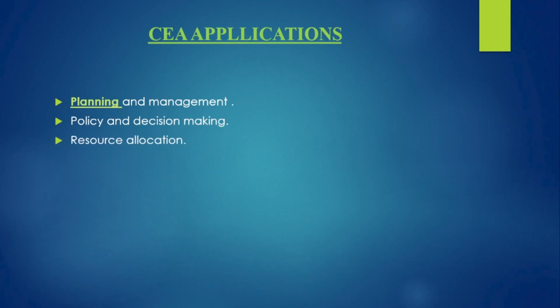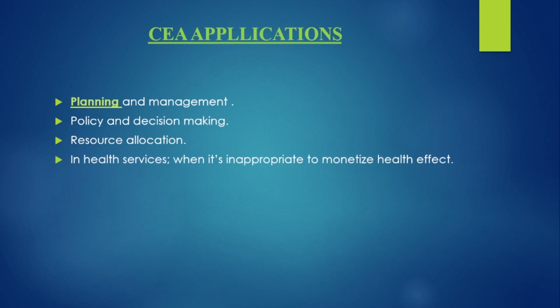Third, resource allocation is an important part of cost effectiveness analysis. Resources must be properly organized and properly allocated. If we do not allocate the resources, the cost effectiveness analysis cannot work properly.